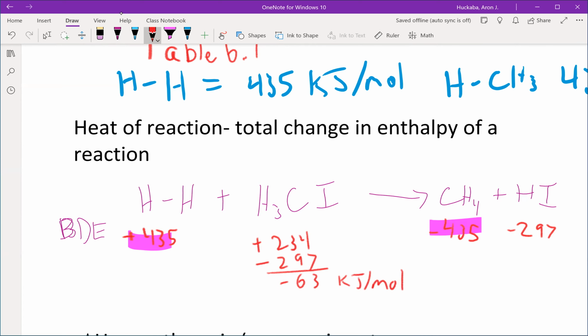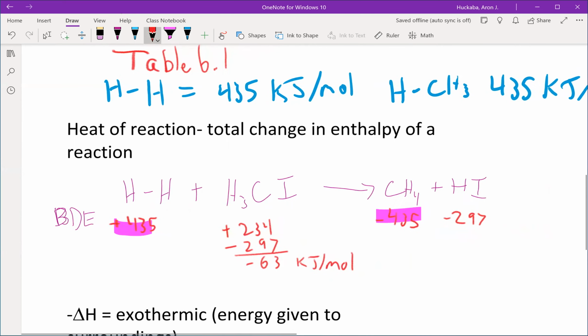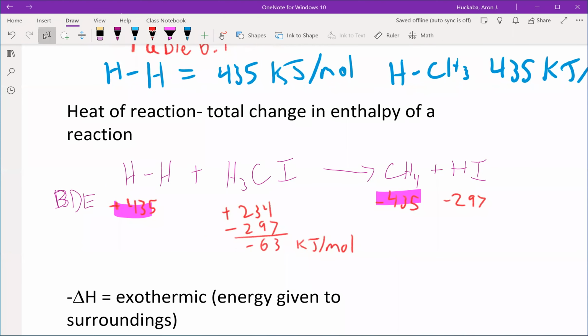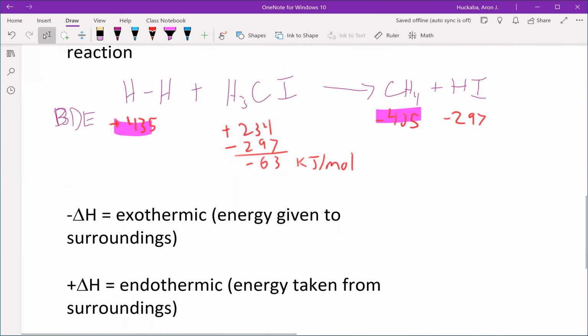Negative means that we have an exothermic reaction, and that energy is given to the surroundings in the form of heat during the course of this reaction. And positive delta H, had we got that, because this is a delta H value here, change in enthalpy, the positive delta H would have told us that it's an endothermic reaction and that energy was taken from the surroundings, meaning that as the reaction goes on, it gets colder.